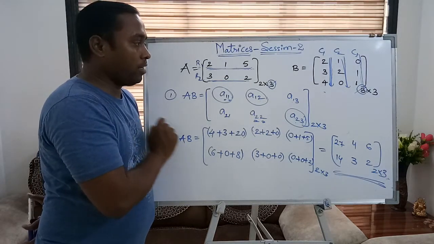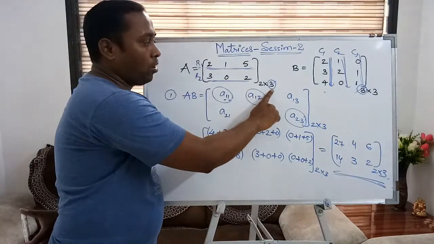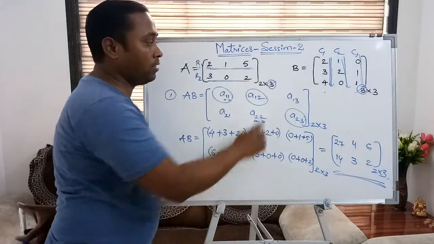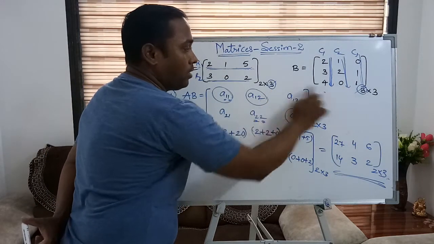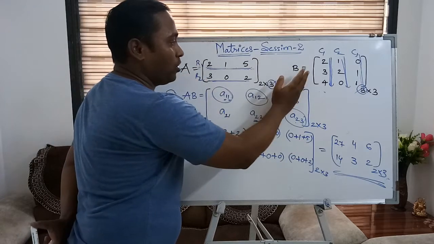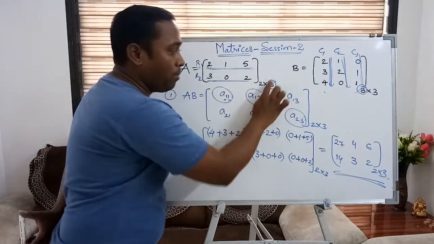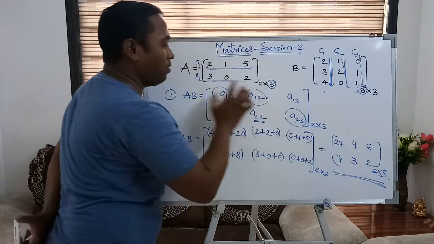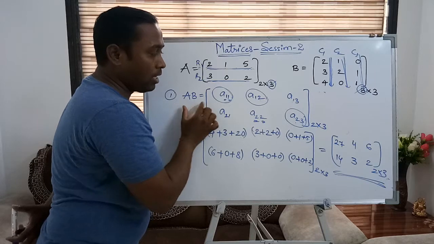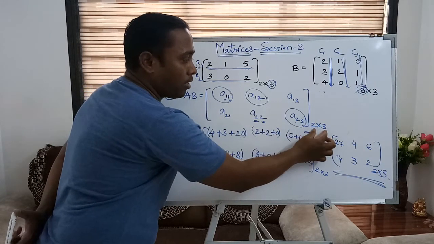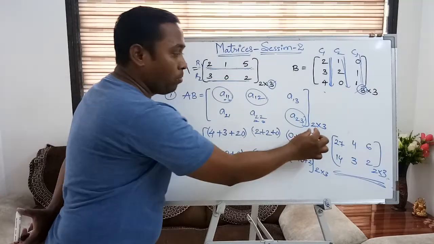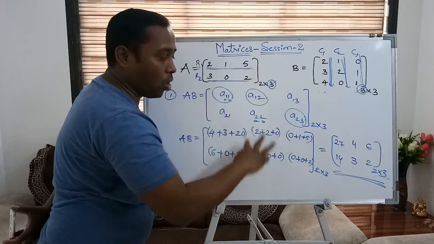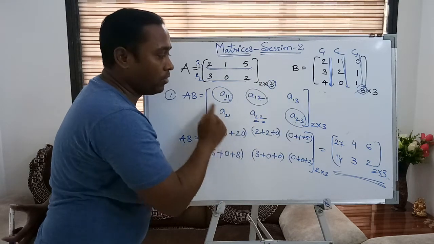The first condition is that the number of columns of the first matrix is equal to the number of rows of the second matrix. These must be the same. Only if they are the same is the multiplication of A with B possible. So ultimately they balance. What will the remaining order be? 2 by 3. It means once you do the multiplication, the resultant matrix will have order 2 by 3, meaning 2 rows and 3 columns. Hence there are 6 elements in this order.